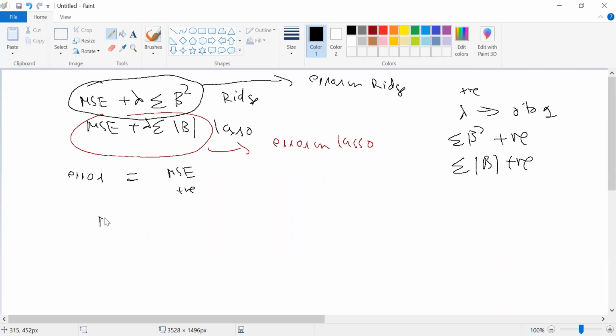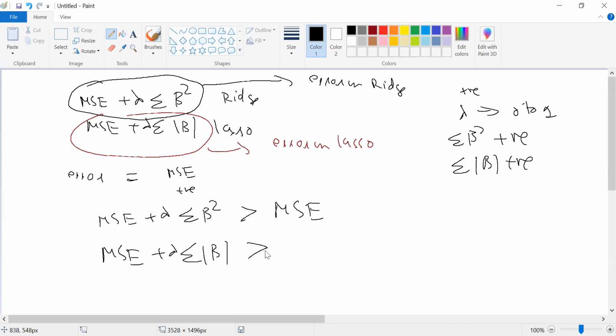So can I say MSC plus lambda summation beta square is greater than MSC? हाँ या ना? And similarly, I can say MSC plus lambda summation mod beta would be greater than MSC. Am I right?